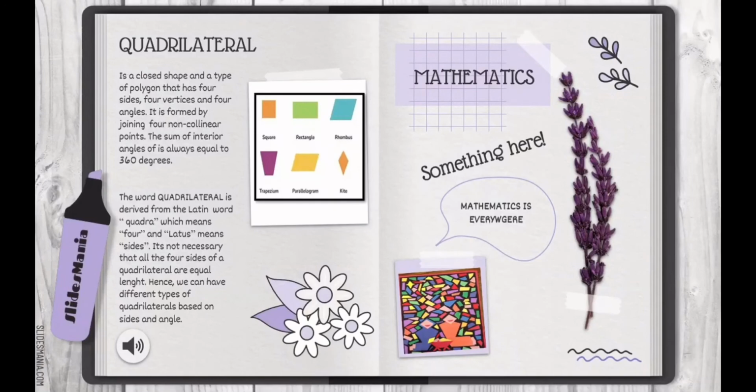The sum of interior angles is always equal to 360 degrees. The word quadrilateral is derived from the Latin words quadra, which means 4, and latus, which means sides. It's not necessary that all 4 sides of a quadrilateral are of equal length. Hence, we can have different types of quadrilaterals based on sides and angles.